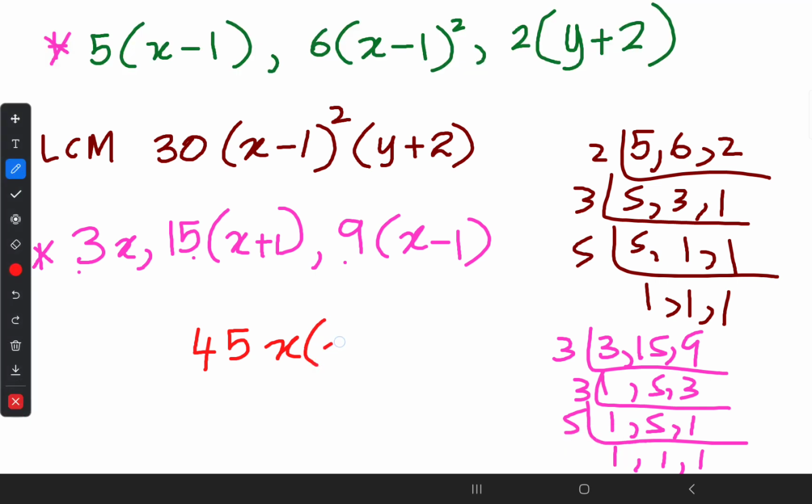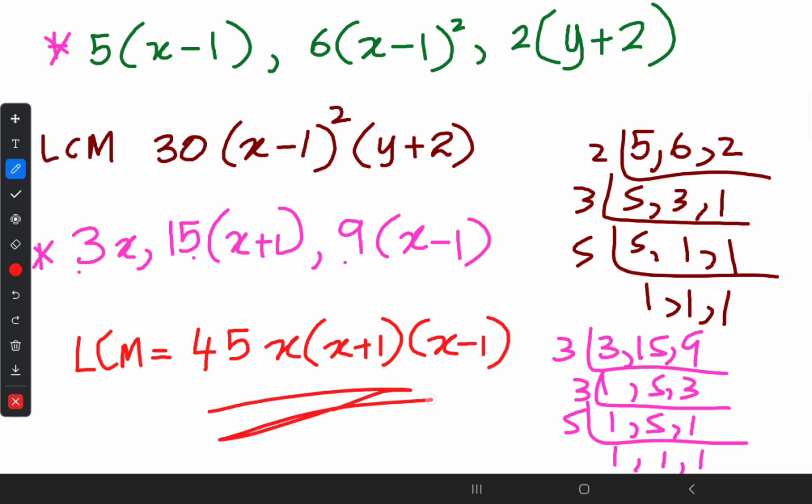So x + 1 is an expression you have to include in your LCM. But look at the other one. This is also totally different from x and x + 1. x - 1 is a different expression. So you have to include that one also in your answer. So finally the LCM is totally this: 45x times (x + 1) times (x - 1).